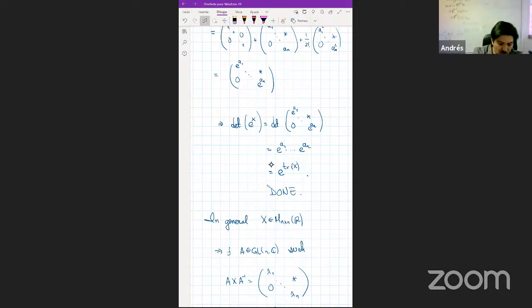However, note that here, and also these numbers, they don't have to be real, they could be complex. These are the eigenvalues of x, and they could be complex numbers, not necessarily real.